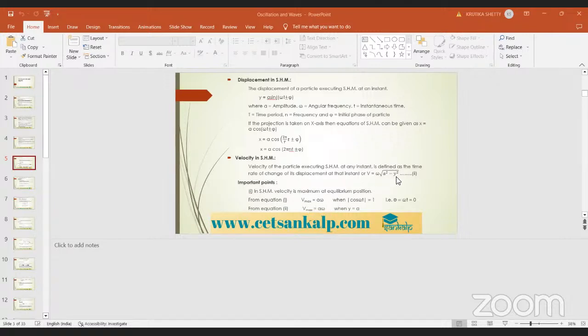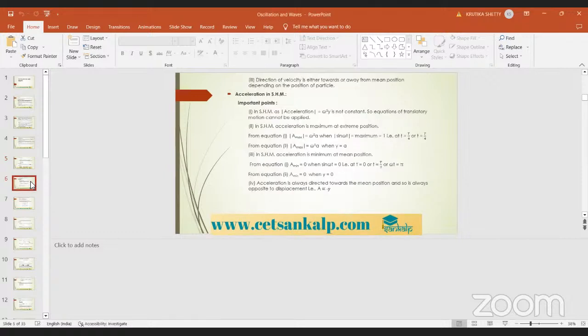That is when we substitute cos omega t is equal to 1, that is, theta equal to omega t equals 0. So just remember, the velocity in simple harmonic motion will be maximum at the mean position.